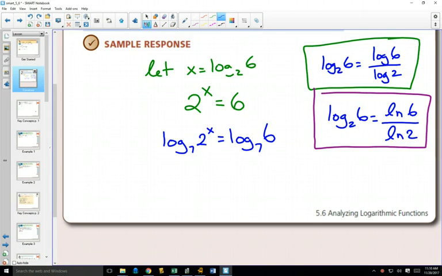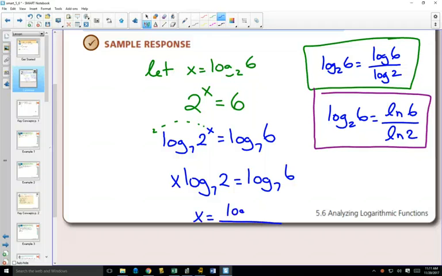Yes. So we can bring the x out in front just like we've done before. And then we could divide both sides by log base 7 of 2.